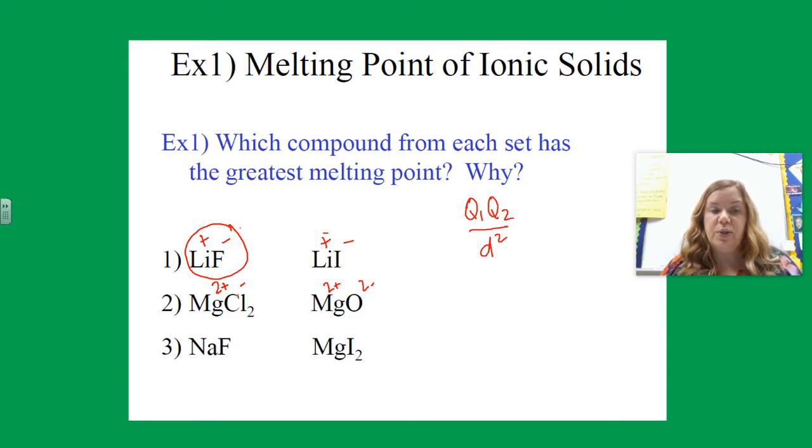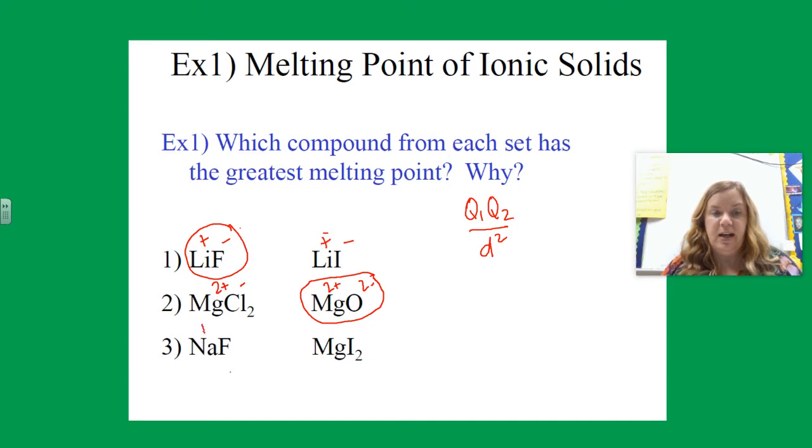The distance is actually going to kind of trump the charges. It creates more internuclear distance, and if this distance increases, the whole Coulombic attraction is going to decrease. Therefore, MgO is going to have more of a Coulombic attraction.